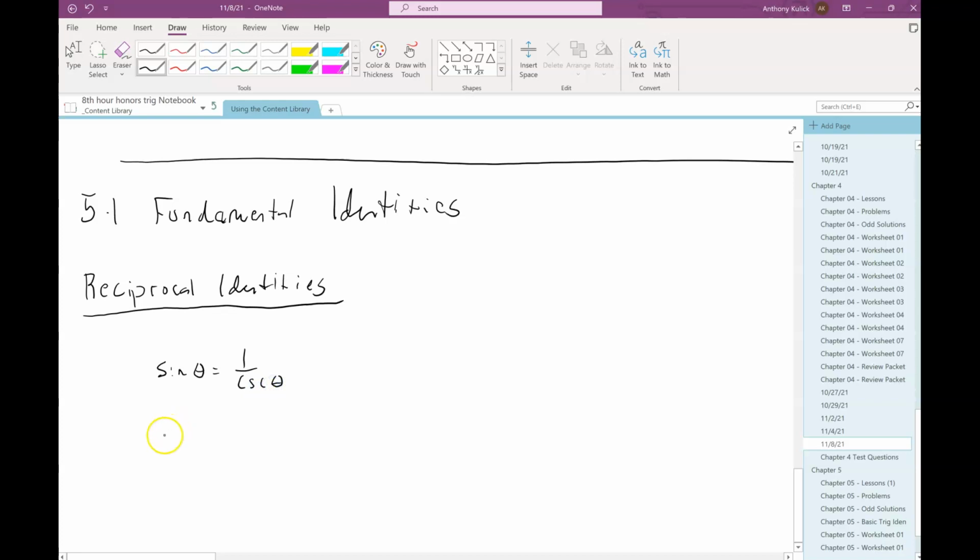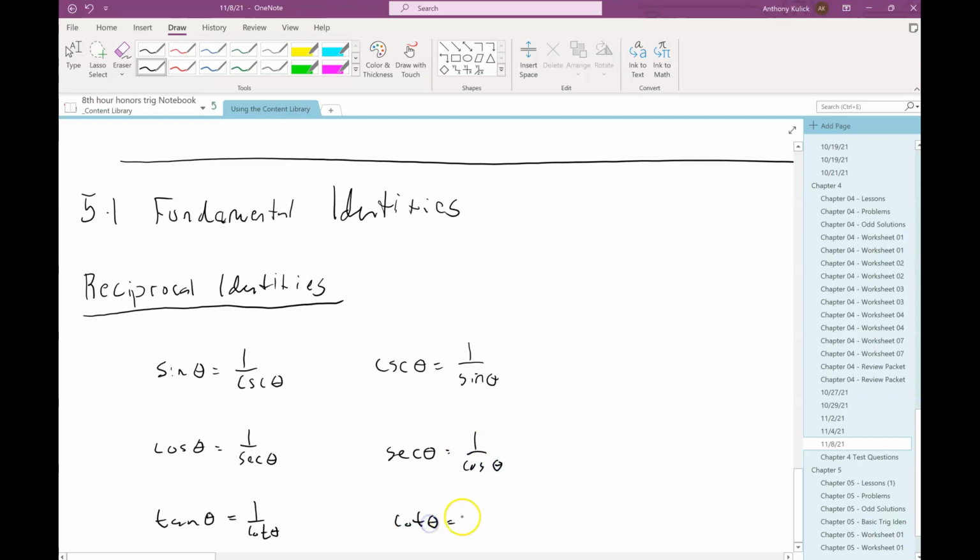So we know that sine is equal to 1 over cosecant, excuse me. Cosine is equal to 1 over secant. Tangent is equal to 1 over cotangent. And then, obviously, cosecant is equal to 1 over sine. Secant is equal to 1 over cosine.